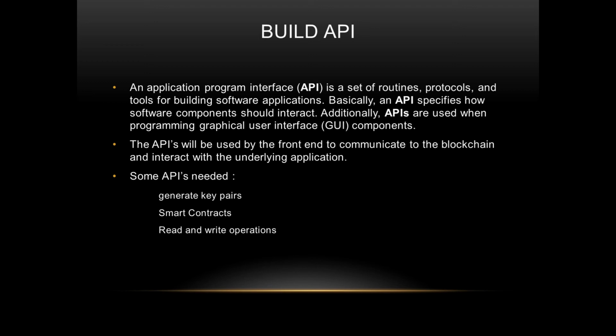Then smart contracts have getter functions so that you can get the value of what is inside the variables, obviously only if it is a public variable. And then the read and write operations. For the read and write operations, you need APIs to interact directly from the GUI.